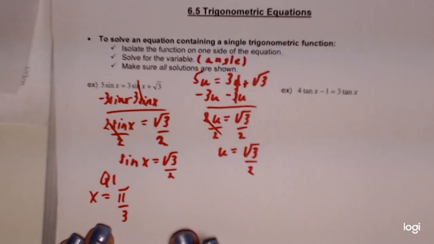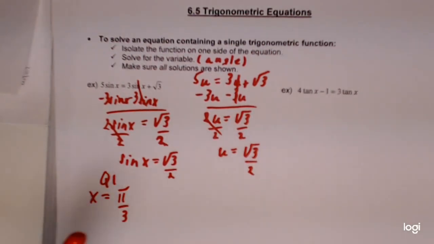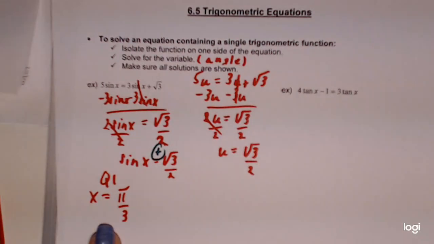And so something that we have to keep in mind when we're solving these equations is coming back to this ratio here. This ratio here is positive. When we think of our trig functions, for sine, the normal period is 2 pi. And in 2 pi, we have two quadrants where sine is positive, Q1 and Q2.